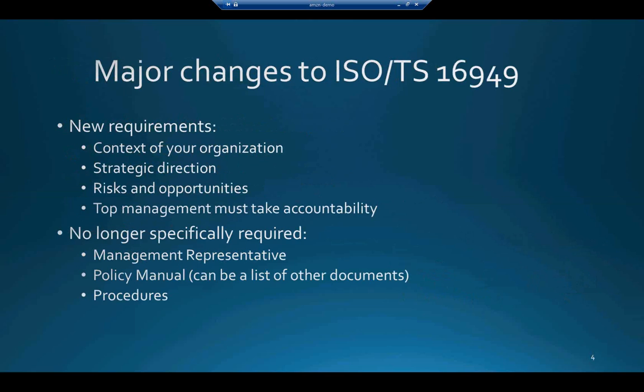So as I mentioned, major changes have come down to ISO TS 16949. First, it's not ISO TS anymore. It's not an ISO standard. And they're going to charge you twice now. You're going to get to pay for the ISO 9001:2015 version of the standard that you'll have to obtain separately from another organization. I think you can get that from ANSI, or you can get it from ISO directly at a reduced rate compared to what ANSI wants for it.